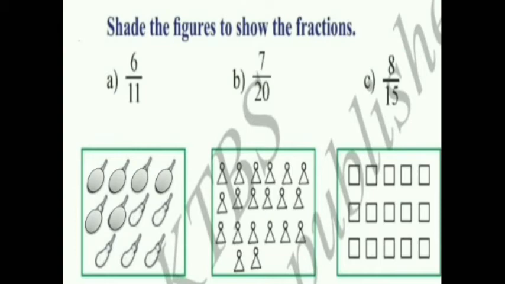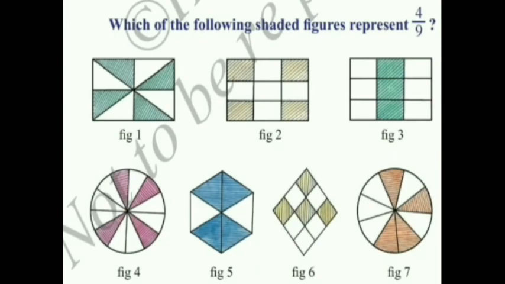Here we have 20 dolls. The numerator is 7. So we will color 7 dolls. Next we have 8 by 15. Here we have 15 squares. The numerator is 8. So we will color 8 squares. Children, now we should tick the shapes.